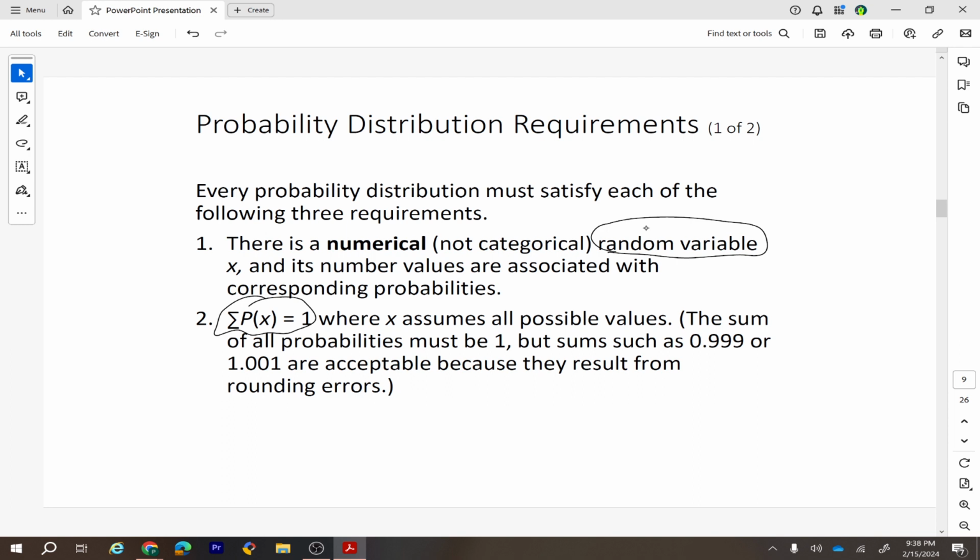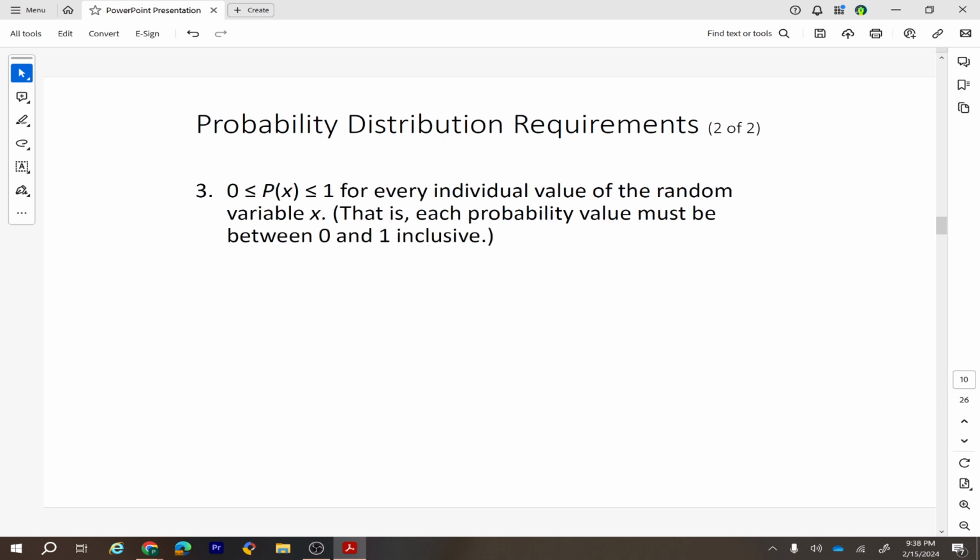This symbol means summation: the sum of all possible probabilities for outcome x, where x assumes all possible values. Sometimes when dealing with calculations, because of technology approximation, you might see 0.9999 or 1.001. They are assumed to be very close to 1, so they are also assumed to be 1. That is fine if you get that sum. And keep in mind, in a probability distribution, the probability has to be between 0 and 1. It cannot be less than 0, and it cannot be more than 1.